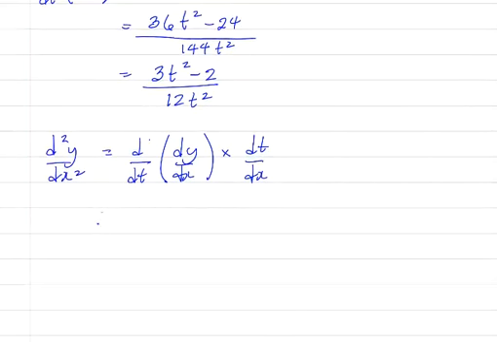So this would be equal to 3t squared minus 2 over 12t squared multiplied by, if I'm not mistaken, let's go back to double check. I think this is 1 over 12t squared again.